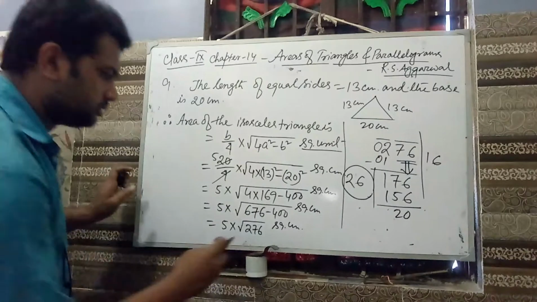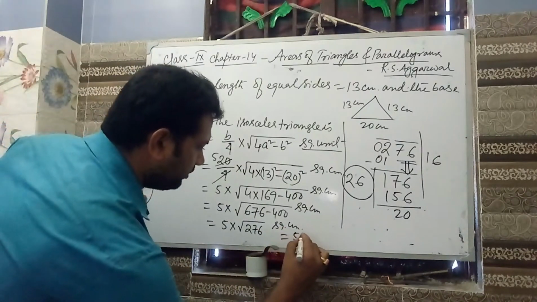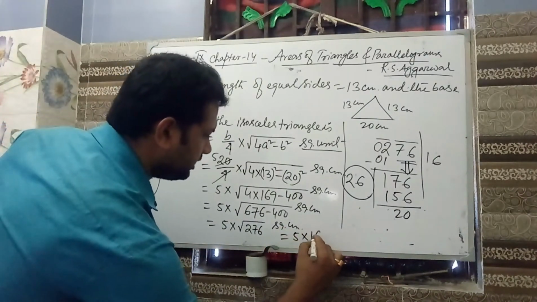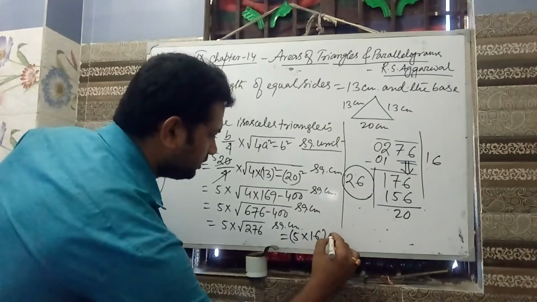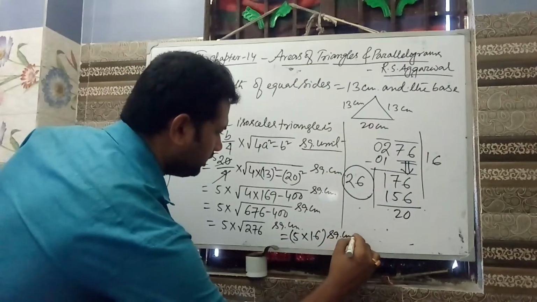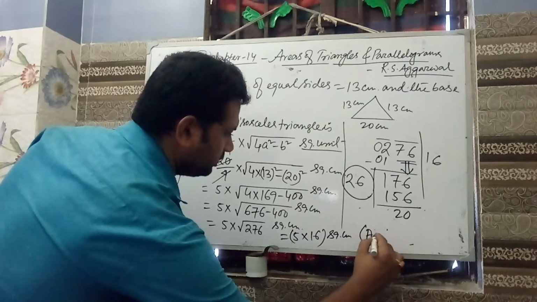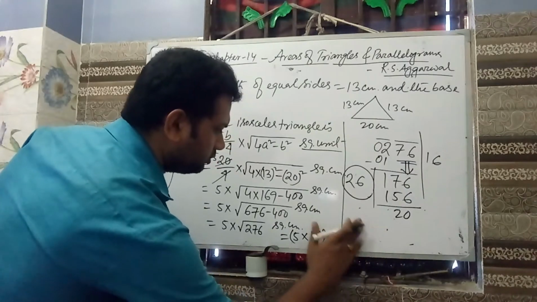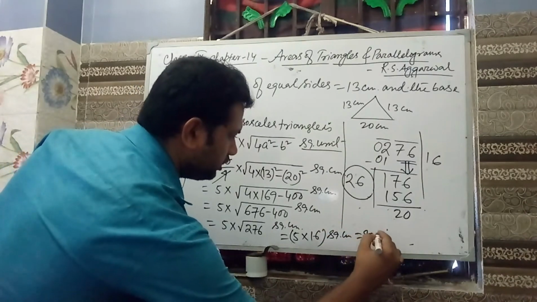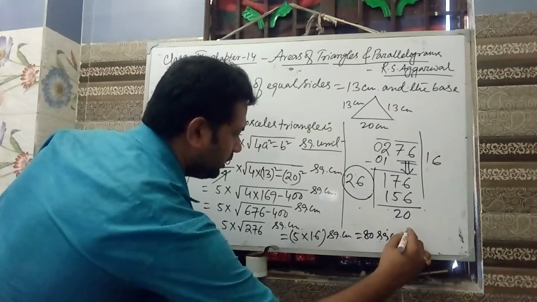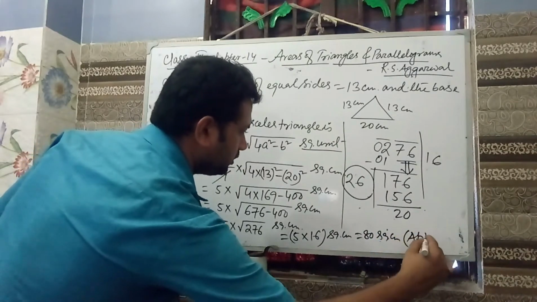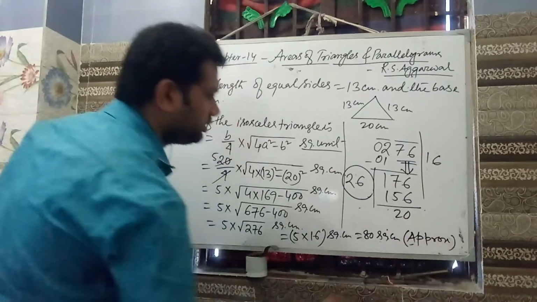Okay, so write 5 into 16, this much square centimeter approximately, that is equal to 80 square cm approx. Why approx?